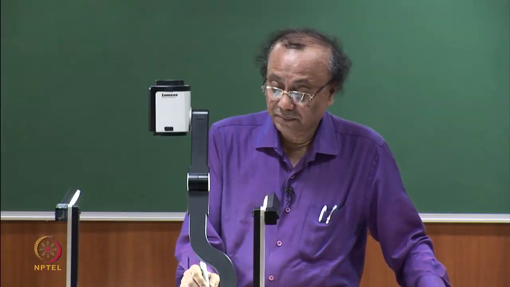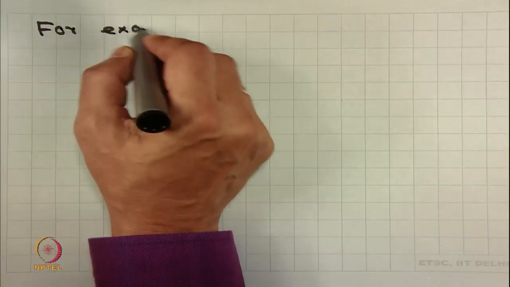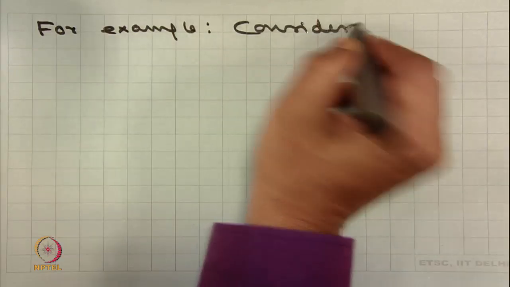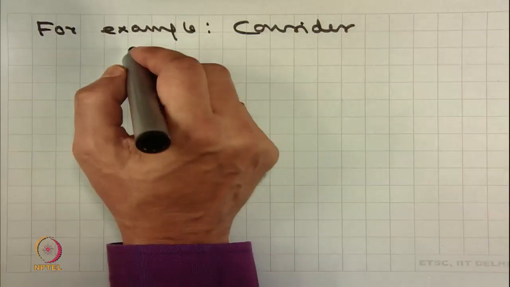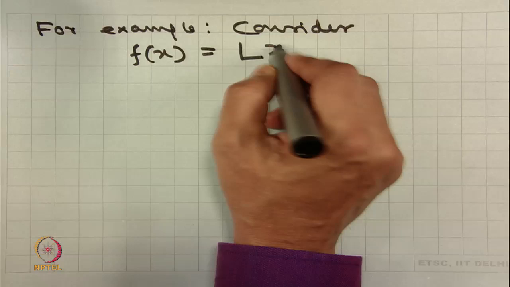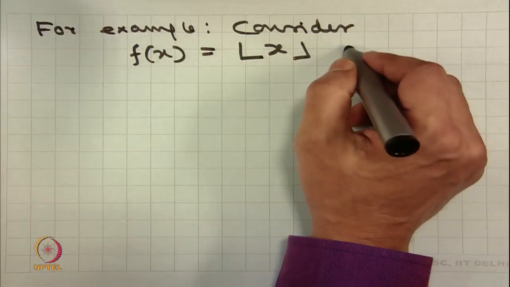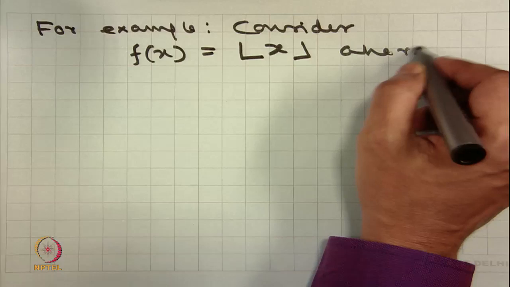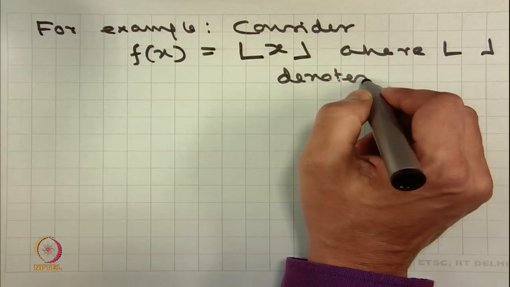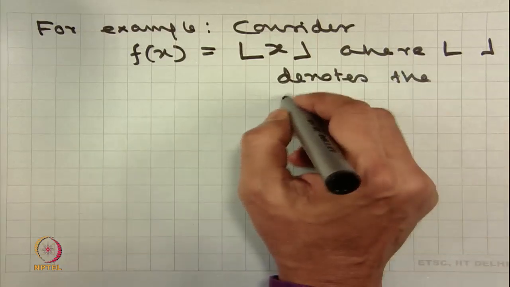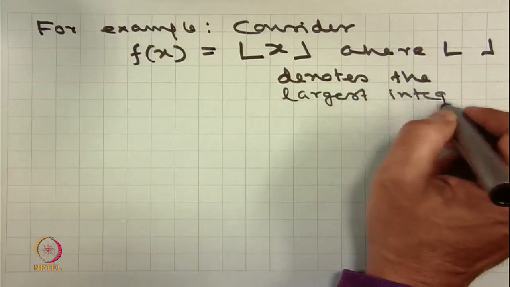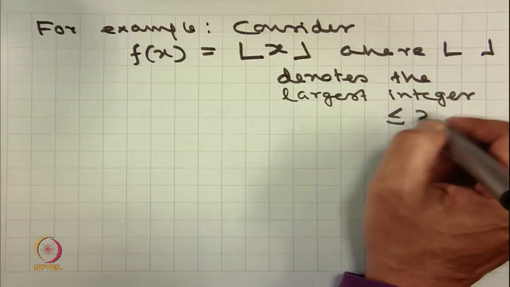For example, consider f of x is equal to floor of x, where floor denotes the largest integer less than or equal to x.